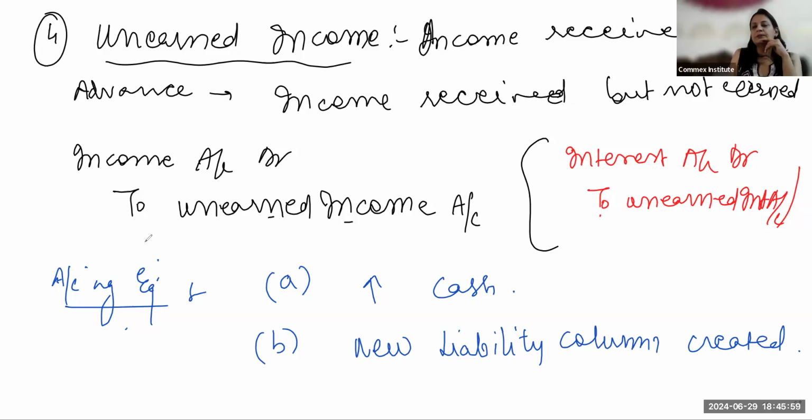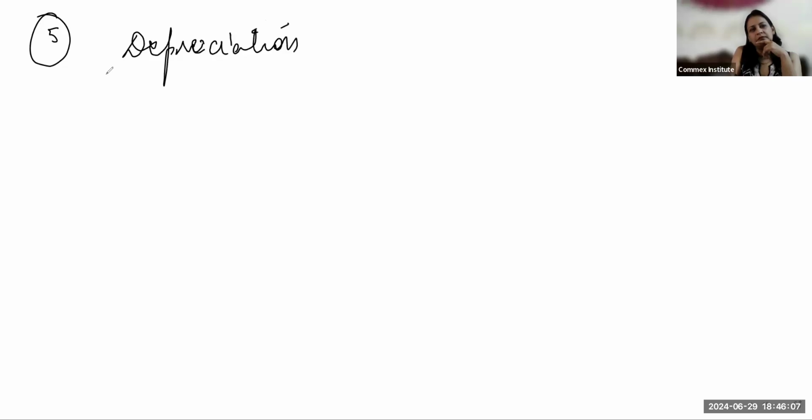Now, the next adjustment entry which we are doing is depreciation. Depreciation is an expense. It is a decrease in the value of the asset due to passage of time, wear and tear, obsolescence, change in technology, or accidents.